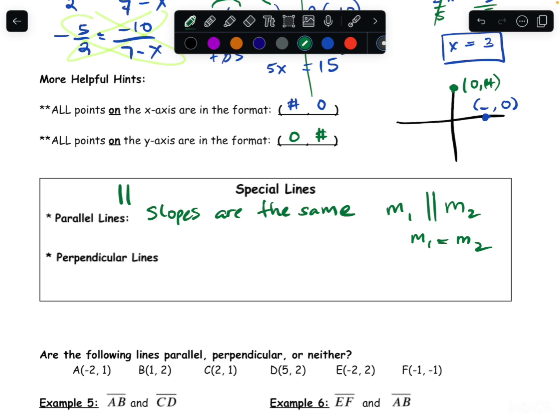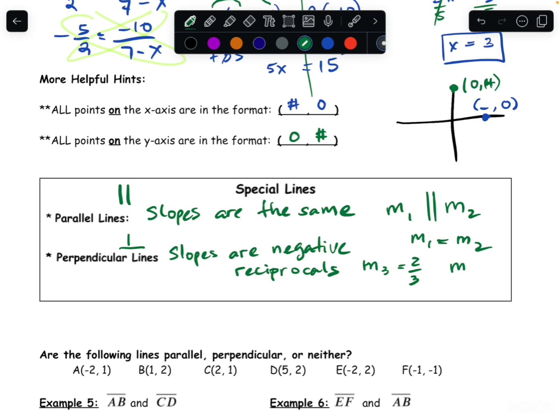Now, perpendicular slopes. This is your symbol right there, perpendicular, and your slopes are negative reciprocals. What does that mean? That means if one of my slopes, I'll call it m1, is equal to 2/3, I'm going to flip it.